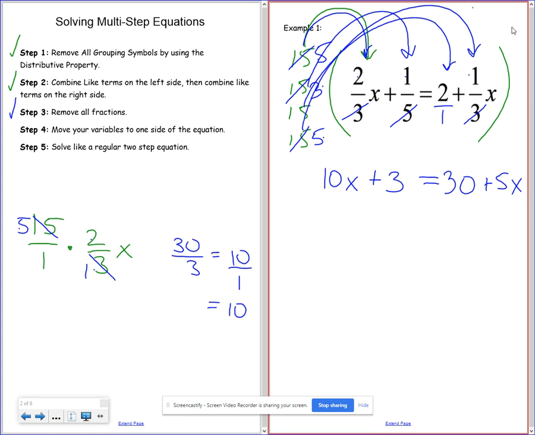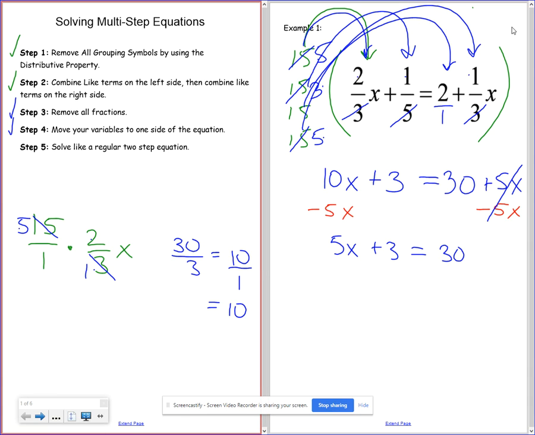Because remember, whatever you do to one side, you have to do to the other side. So I'm going to subtract 5x from both sides. When we do that, we'll get 10x minus 5x is 5x, plus 3 is equal to 30, because these cancel out. And now we got step 4 done, so now we're on step 5. Now it's like what you did the day before. It's a two-step equation.